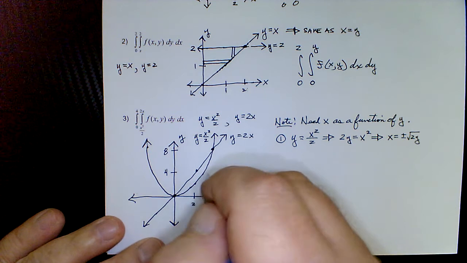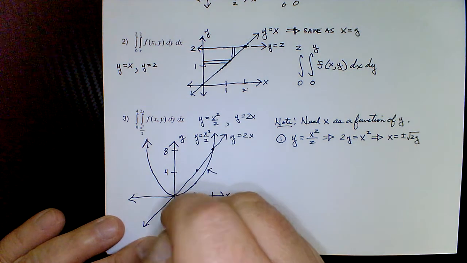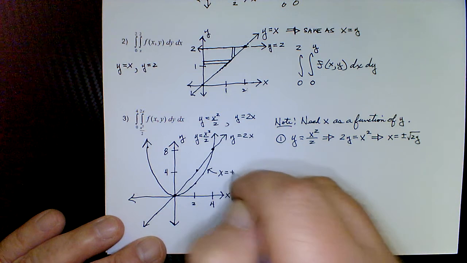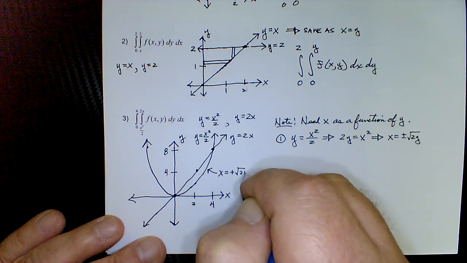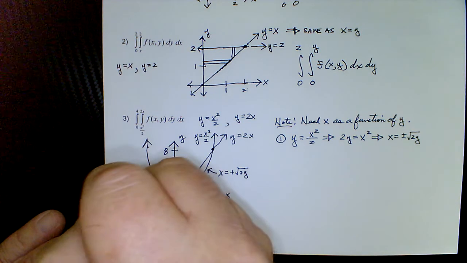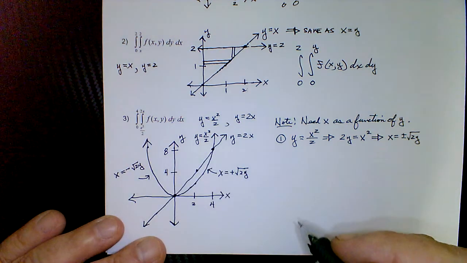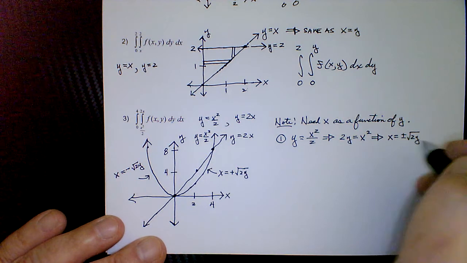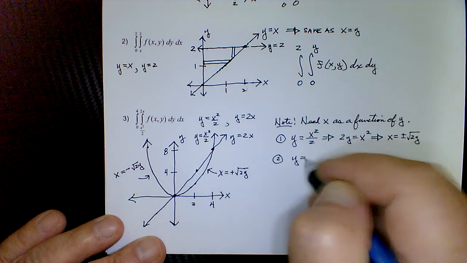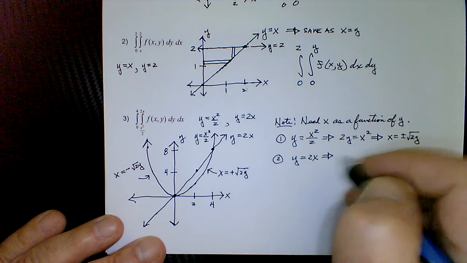So that parabola, in terms of that half, is x equals positive square root of 2y. And this half is x equals negative square root of 2y. So we're going to use, obviously, the positive version. For the line, y equals 2 over 2x, there's no problem at all. Just solve for x, you get y over 2.